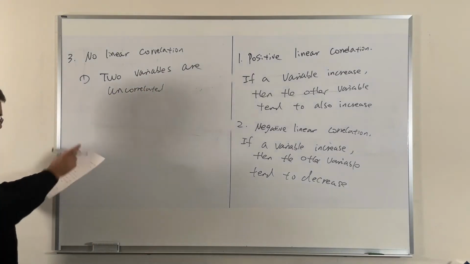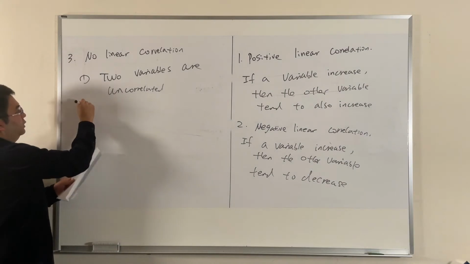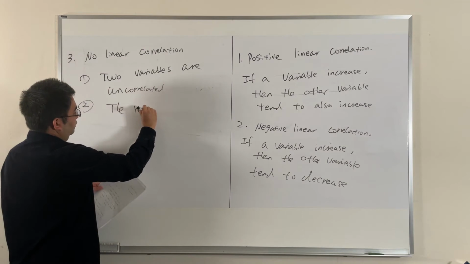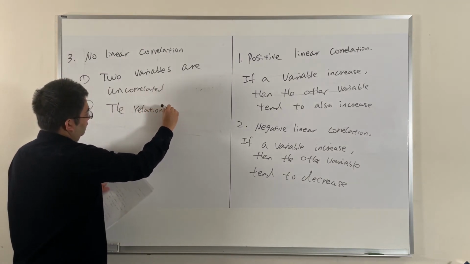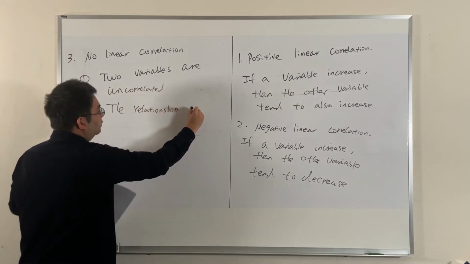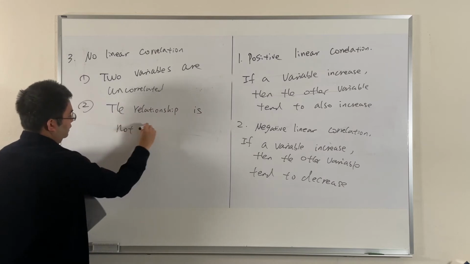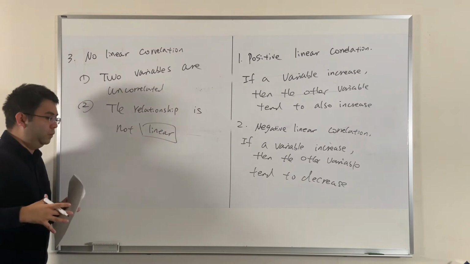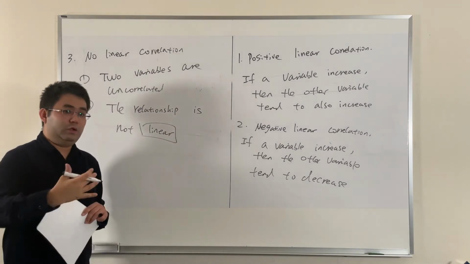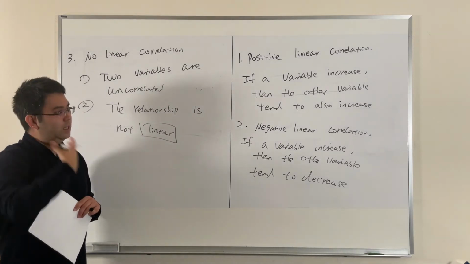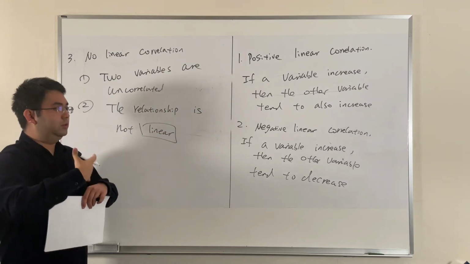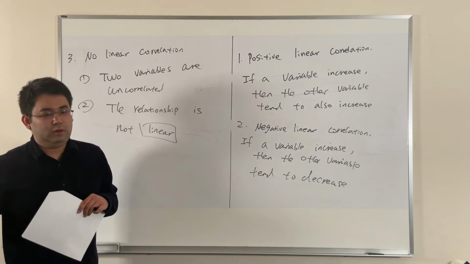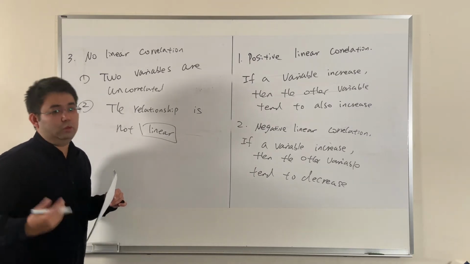Or the relationship is not linear. It's possible that they're correlated, but the way they link to each other is not linear. At this point, we're looking at linear correlations: one variable goes up, whether the other variable tends to go up or go down.